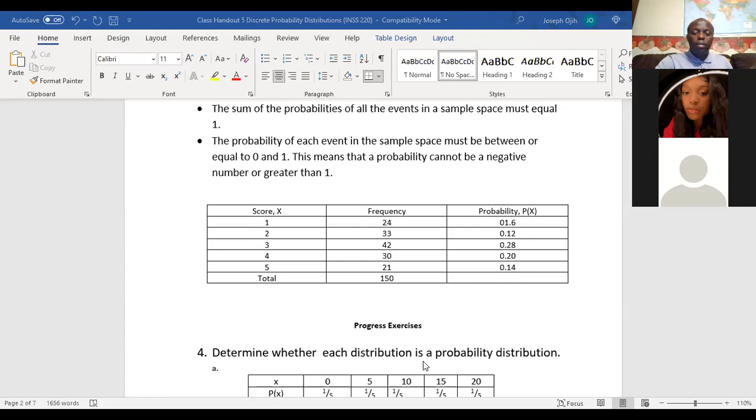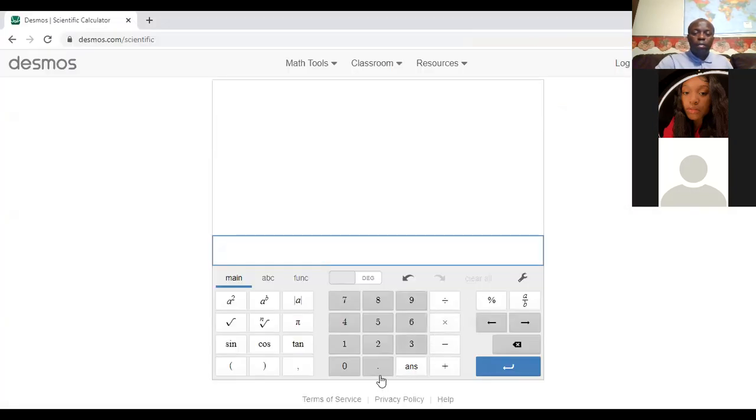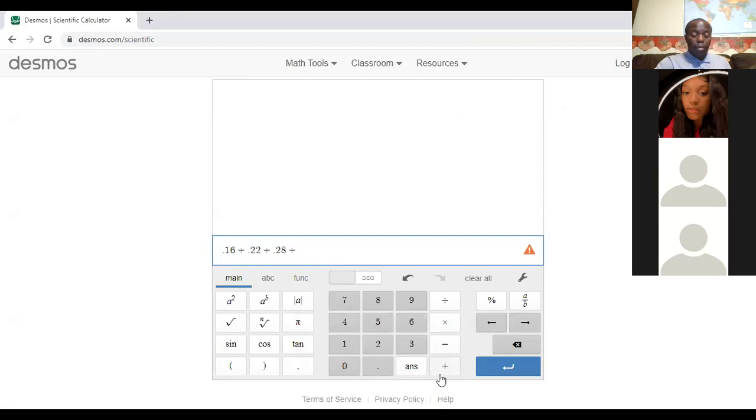0.16 plus 0.22 plus 0.28 plus 0.2 plus 0.14.